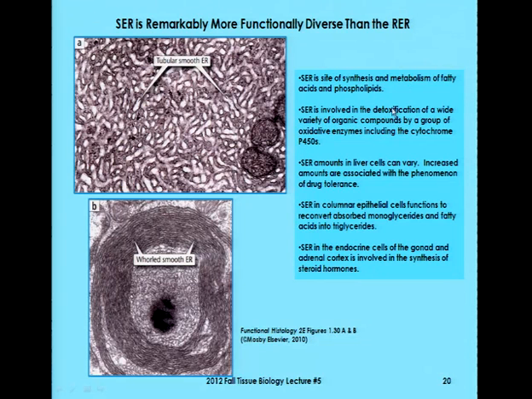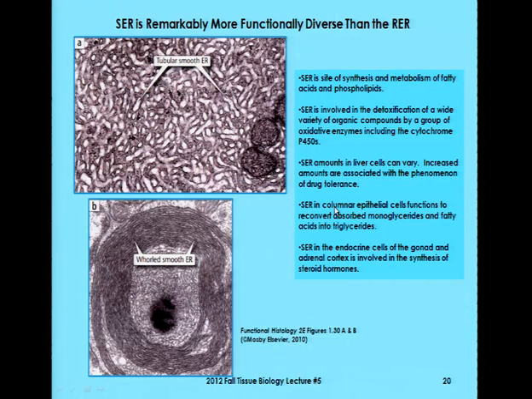It's involved in the detoxification of a wide variety of organic compounds by a group of oxidative enzymes, including cytochrome P450s. Now, the amount of smooth ER in liver cells can vary, and increased amounts are associated with a phenomenon called drug tolerance.